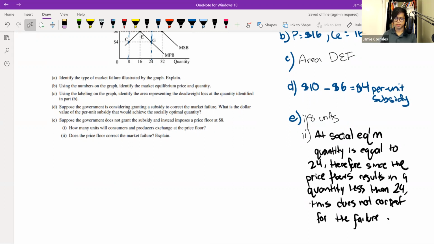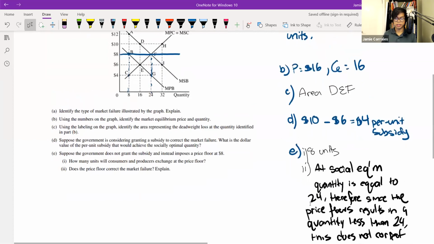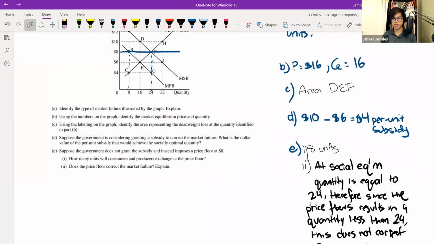Again, the socially optimal equilibrium quantity is 24 units right here, and the price floor leads to a quantity of 8. So clearly, since 8 is less than 24, the price floor does not fix the market failure.